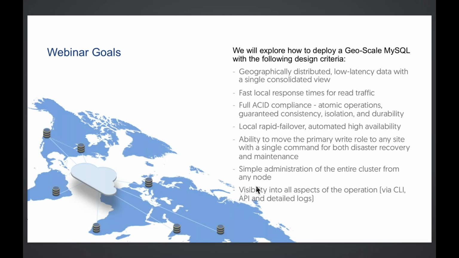That means in any region across the globe, in any data center. We want the data to arrive in all of its destinations as quickly as possible, the single view of the data. We want data integrity, we want data consistency, and that leads us to, of course, full ACID compliance, right? Atomic ops, guarantee consistency, isolation, and durability.